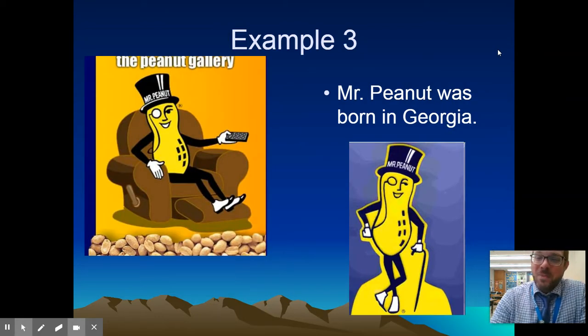Number 3, Mr. Peanut, this yellow guy here, he was born in Georgia. Would that be birth or naturalization? Of course it's birth. It says born in Georgia. Mr. Peanut is a born American who was born here in the country.